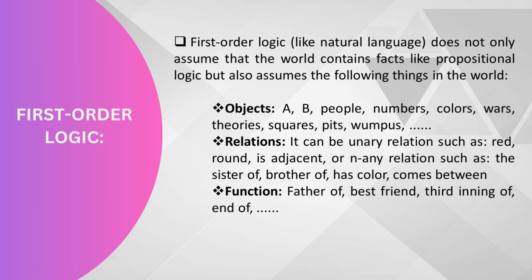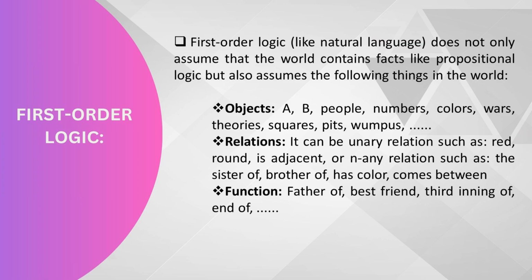Functions in first order logic serve as dynamic connectors. They relate one or more objects to another object or value. For instance, father of, third inning of and end of are examples of functions that can link objects or provide context to the relationships between them.